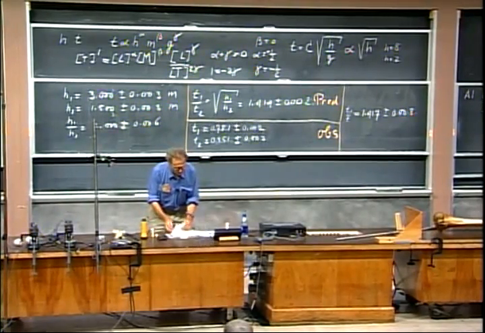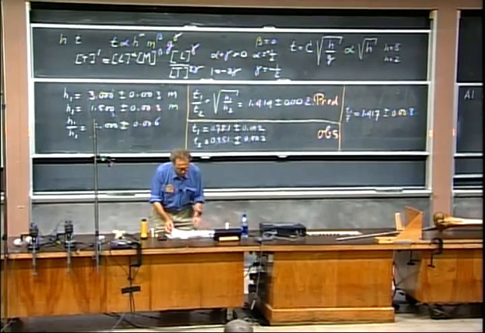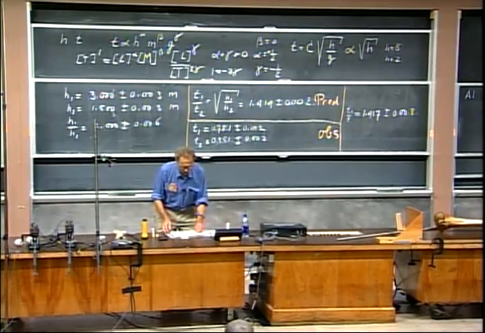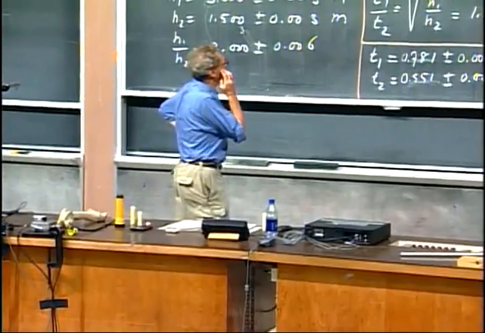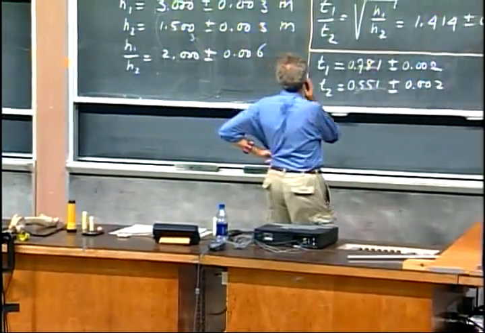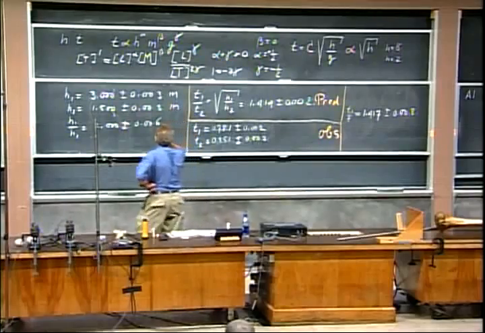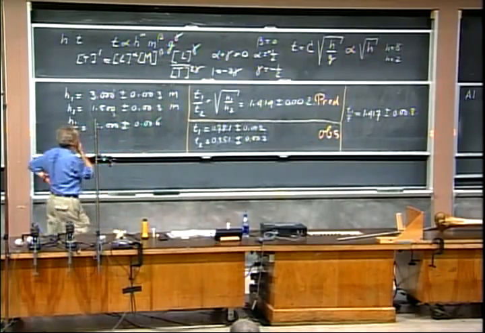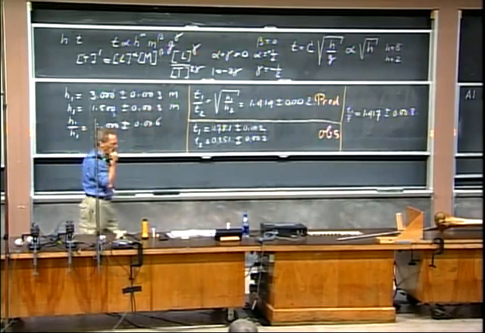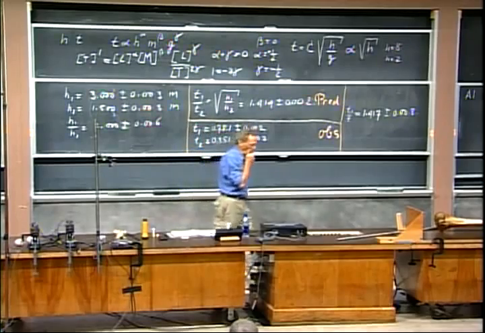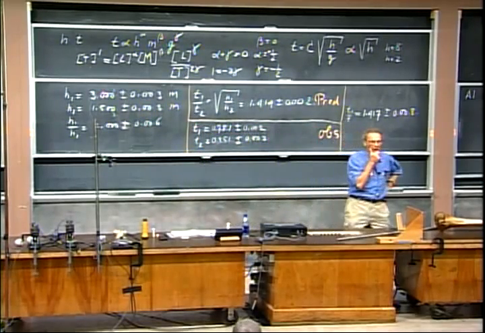Now, look at our results. We have here a result which is striking. We have demonstrated that the time that it takes for an object to fall is independent of its mass.